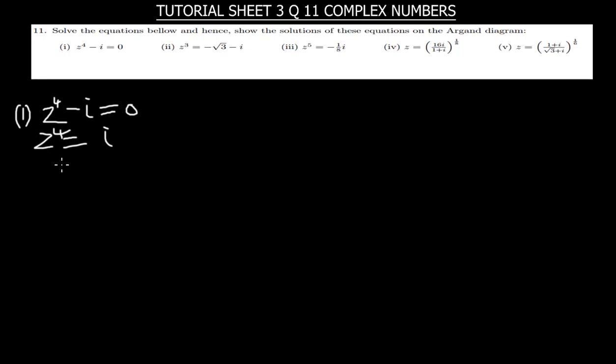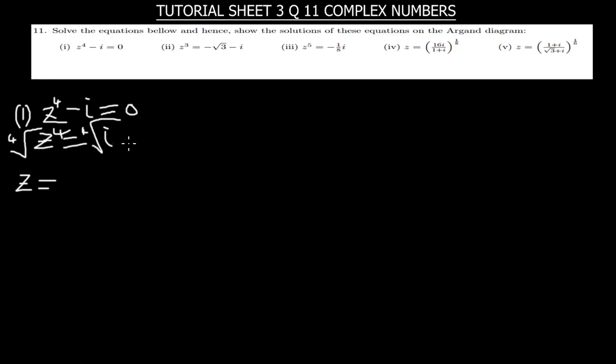So I'm going to find the fourth root of z this side, and I'm also going to find the fourth root of this. So we're going to have z is equal to, let me use this kind of z so that at least there's a difference between this z and the two that I'm going to be writing.